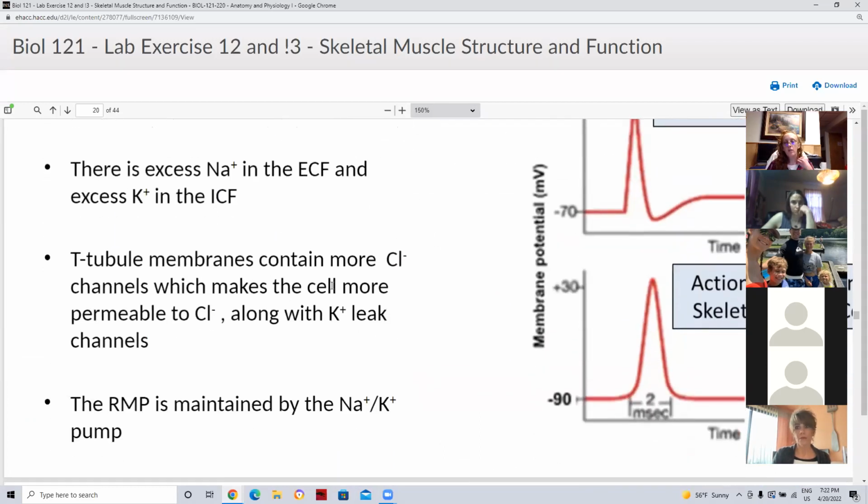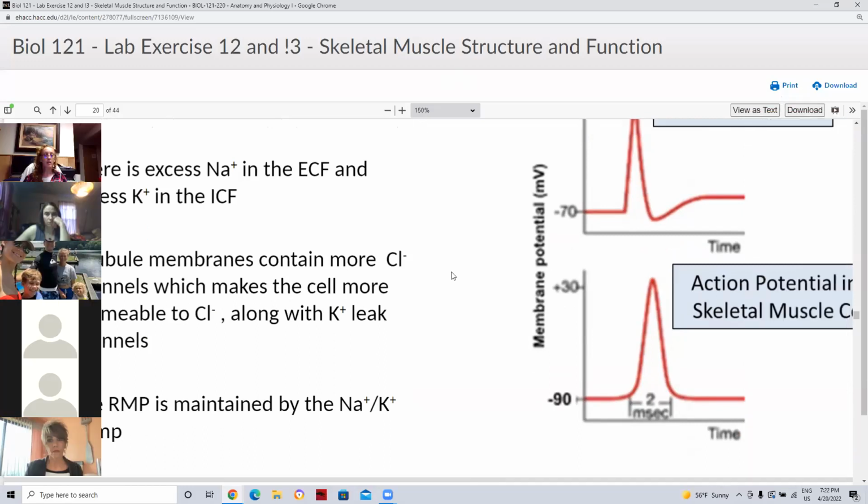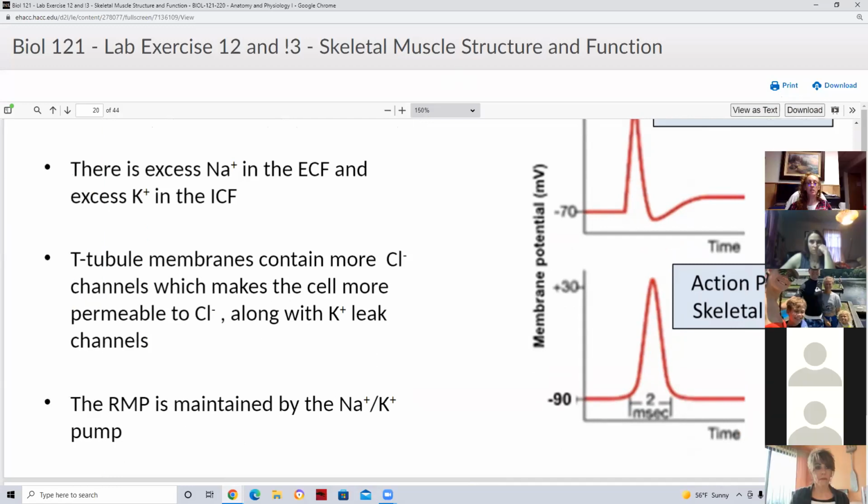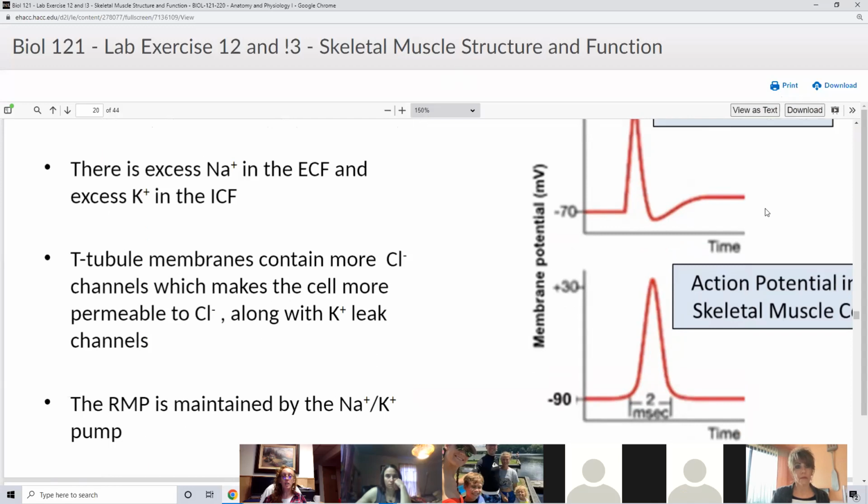The reason the membranes have a more negative resting potential than neurons do is that T-tubule membranes contain more chloride channels, which makes the cell more permeable to chloride, along with potassium.